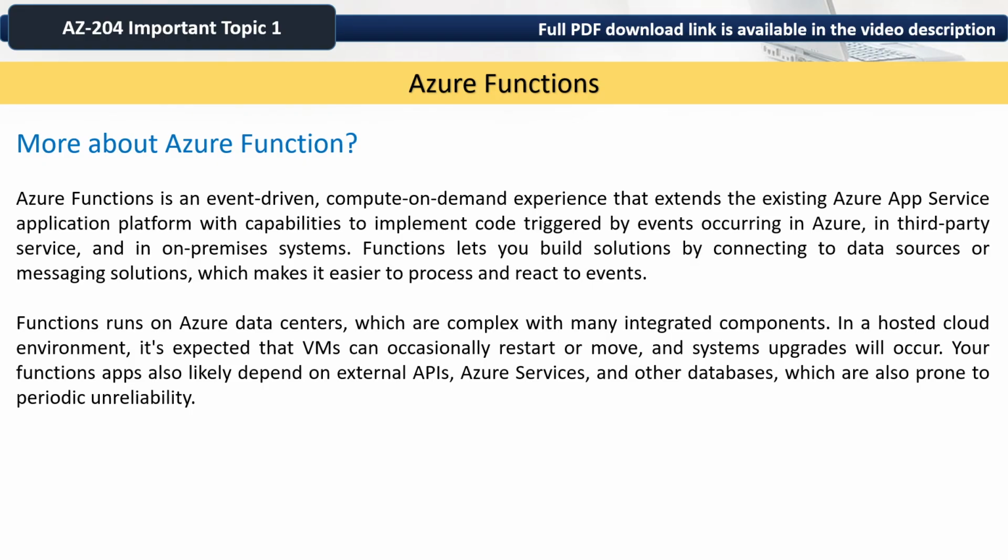Functions runs on Azure data centers, which are complex with many integrated components. In a hosted cloud environment, it is expected that VMs can occasionally restart or move, and system upgrades will occur. Your function apps also likely depend on external APIs, Azure services, and other databases, which are also prone to periodic unreliability.